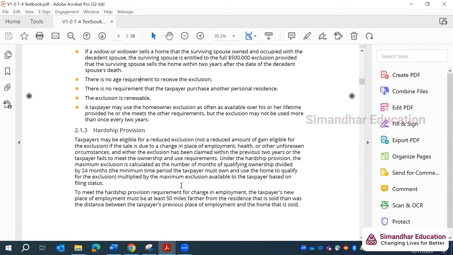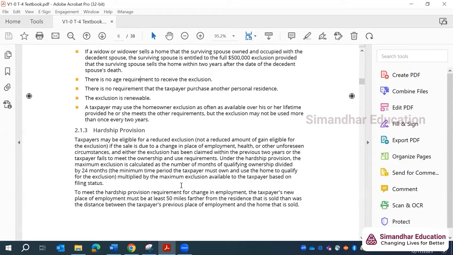However, if there are unforeseeable circumstances, if there is something that is beyond your control and you have to sell the property, then in that case, the government will give you some benefit, but not all benefit.